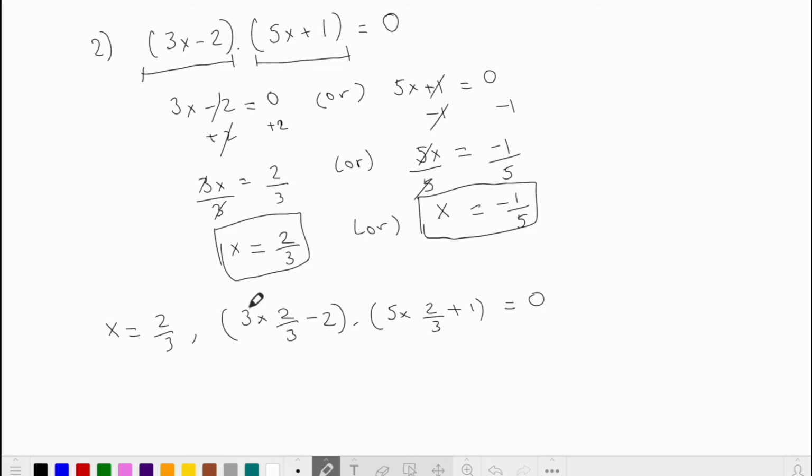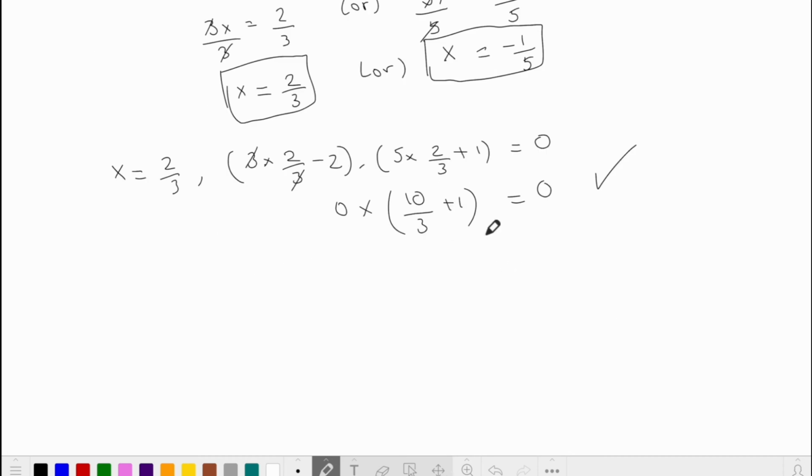So here in this case we get 3 and 3 cancelled out. So we have 2 minus 2, which is equal to 0. And here we have 10 by 3 plus 1. We don't need to solve this one because any number multiplied by 0, you get 0. So it's correct.